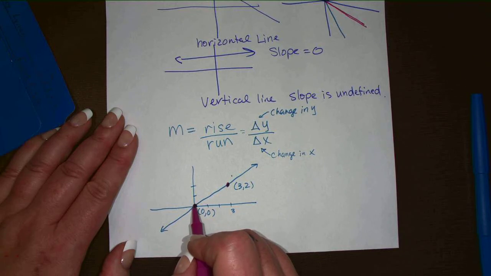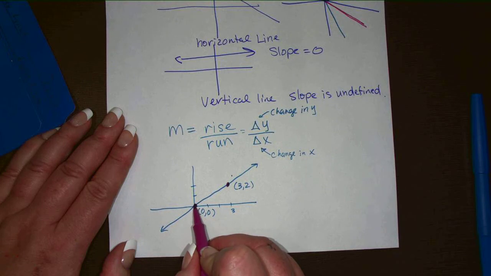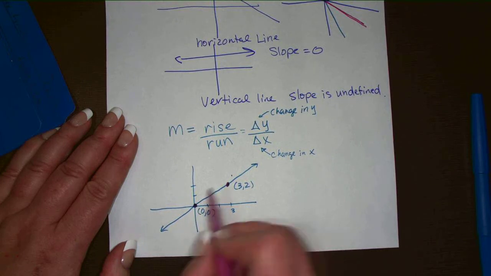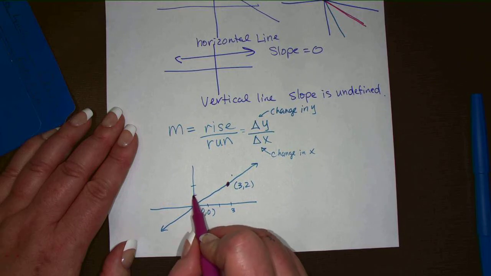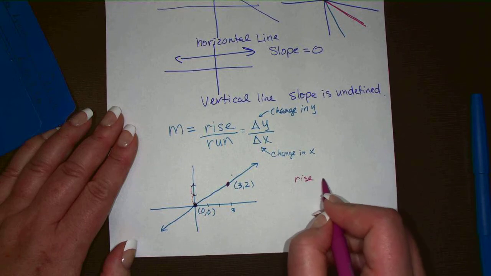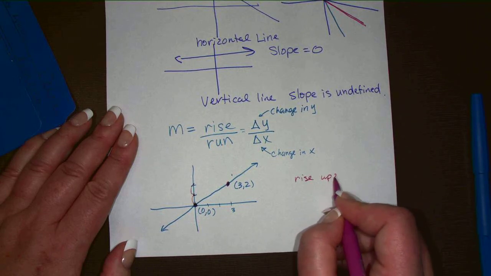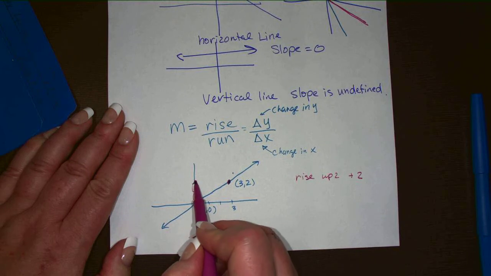So if you're going from one to the other, let's go up first. How many steps do we have to go up, straight up? 2. So the rise is up 2, which means plus 2. Now we're at this point. How do we get over to 3, 2 from there?